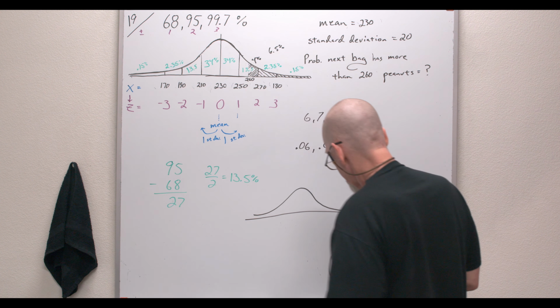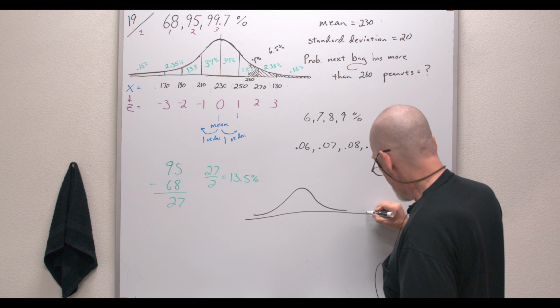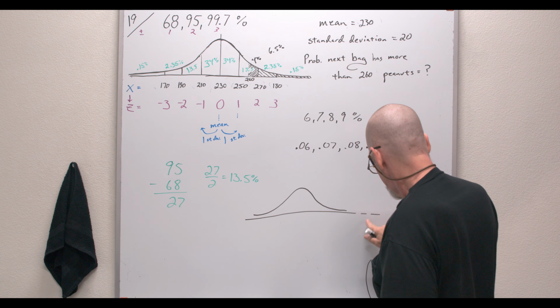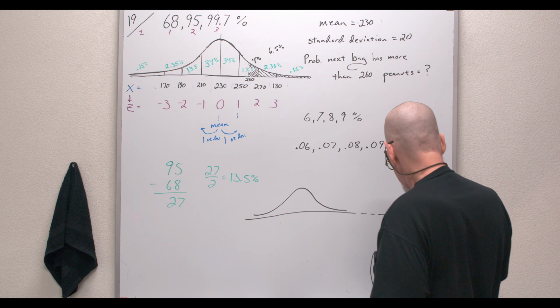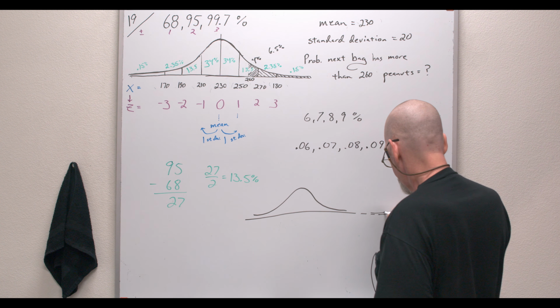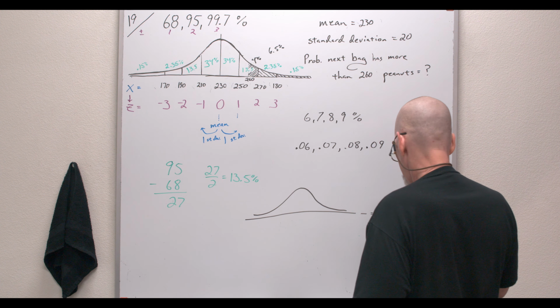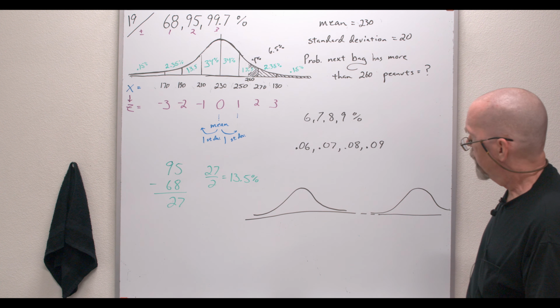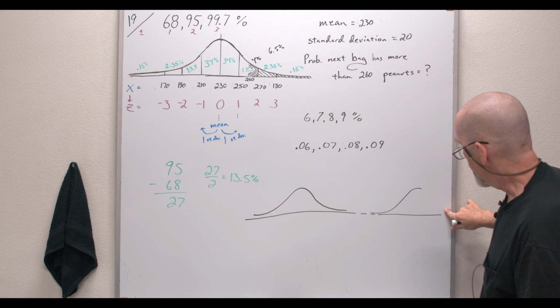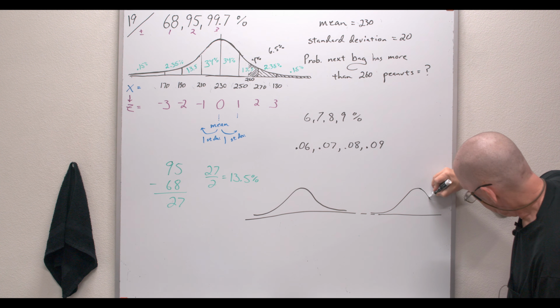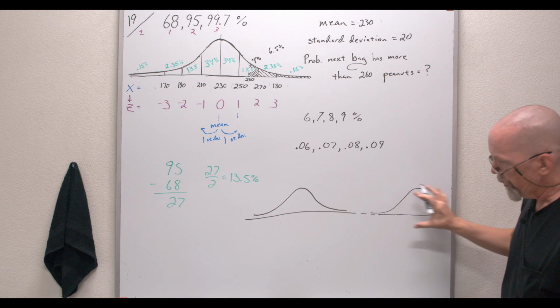But if we have that sort of a shape and they do not change the standard deviation, and they just give you a different mean, it's going to be the same shape, the same width, just moved over somewhere. Looks a little fatter, but I just freehanded it in a couple of seconds. Same shape, just shifted.